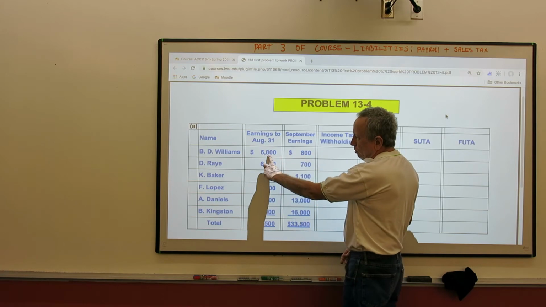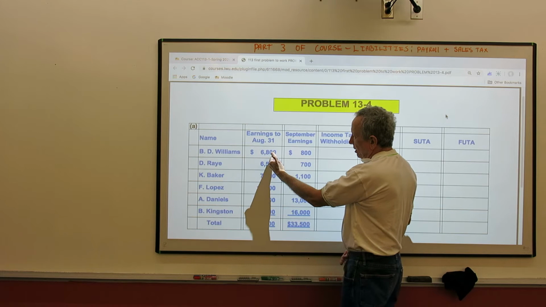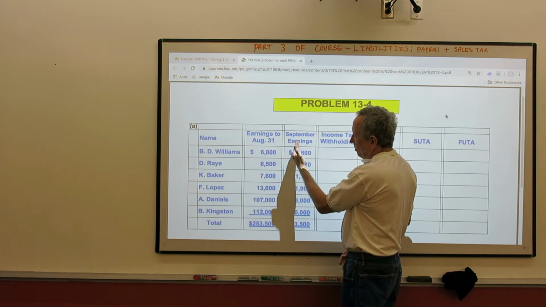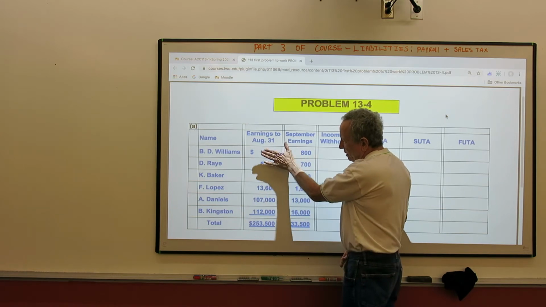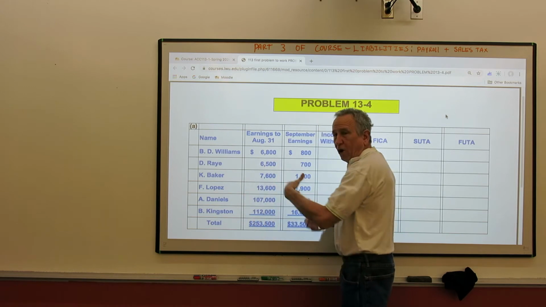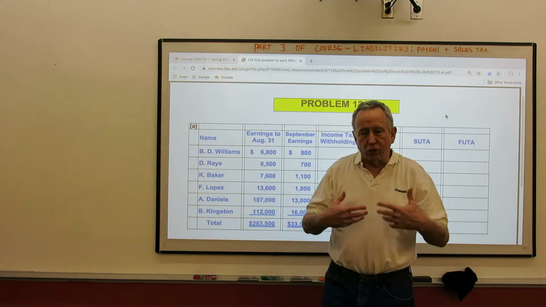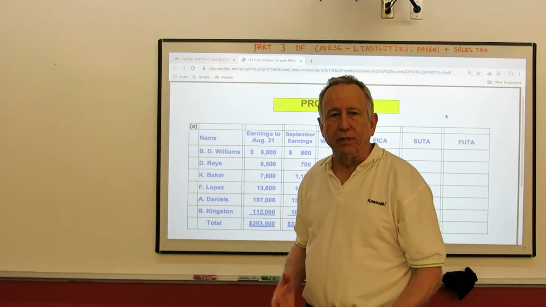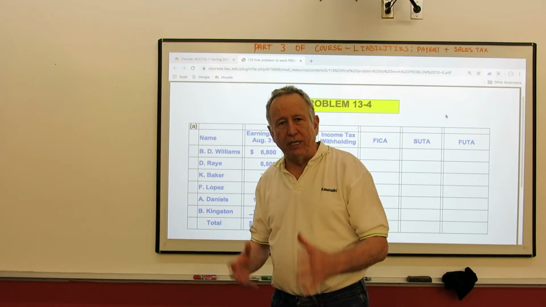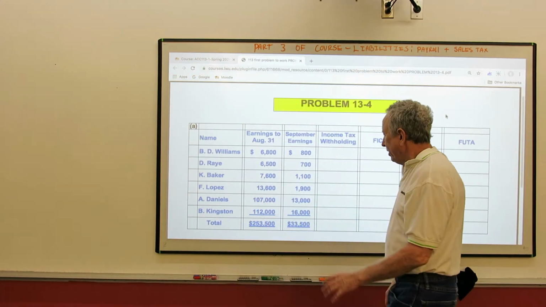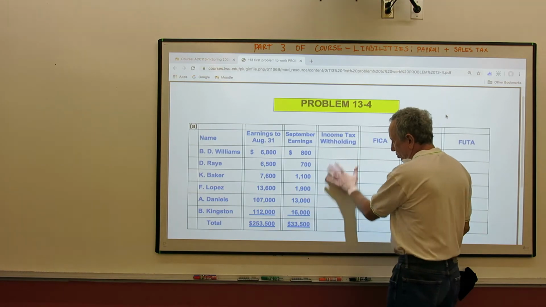This person made $6,800 January through August. But then in September, they made $800. But again, assume that everything's been done, all the payroll's been done, the Social Security tax has been taken out, the income taxes, all the pensions, whatever they wanted withheld. Now, our job is they're saying, I want you to finish this.